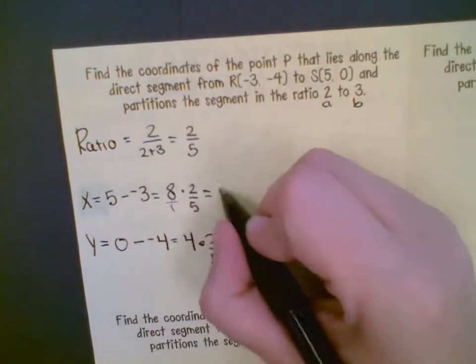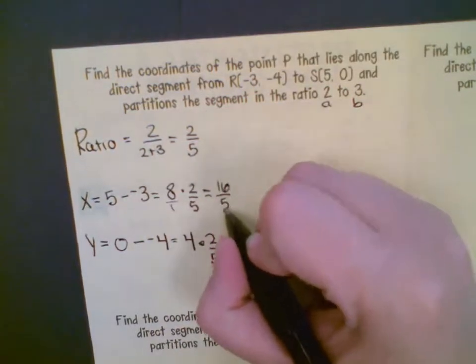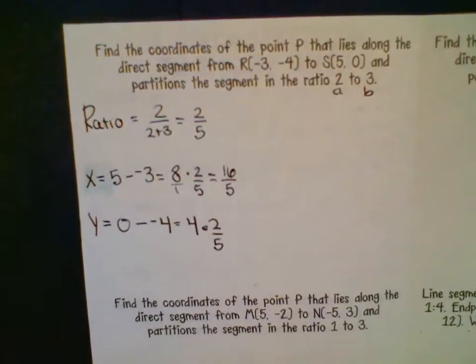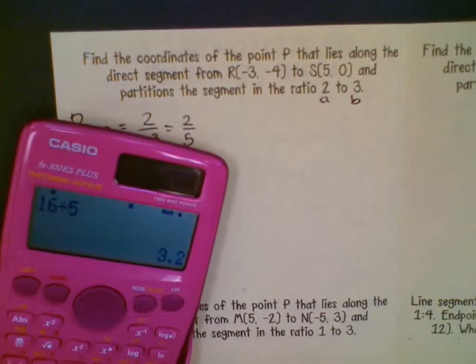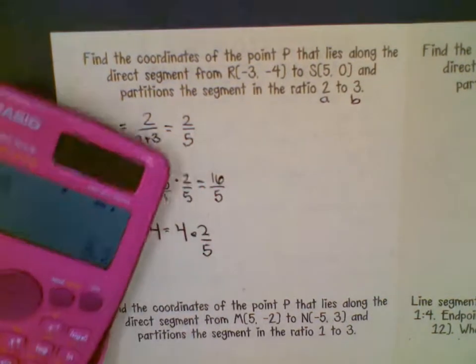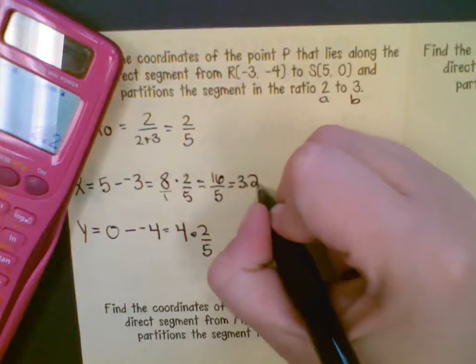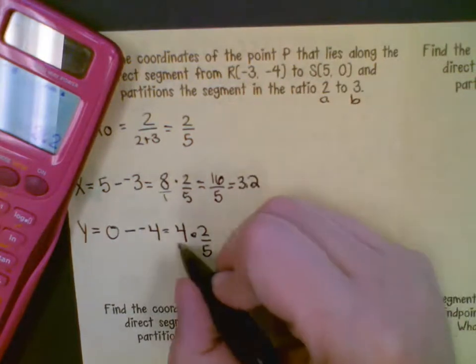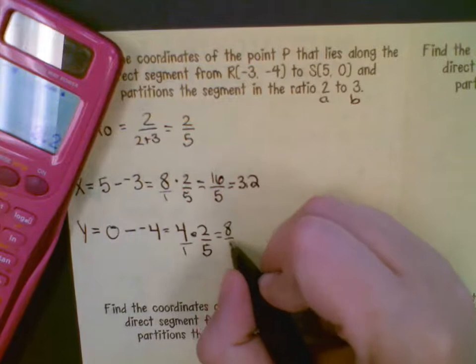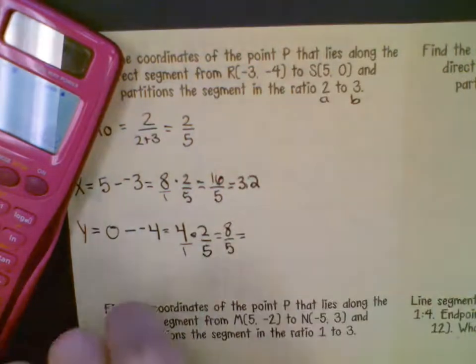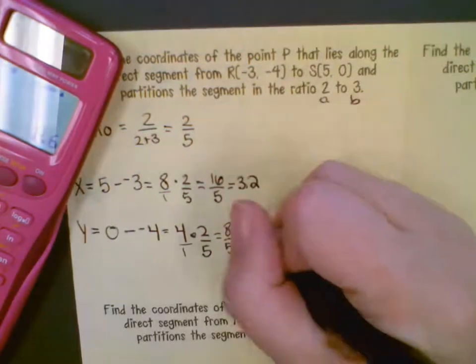So if we put that over 1 and multiply straight across, we get 16 over 5, which doesn't divide evenly like the first one did. So what we're going to do is change it to a decimal. So we get 3.2. Now we'll do the same thing for y. So this would be 8 over 5, which is 1.6.